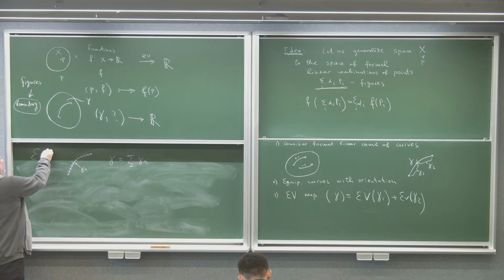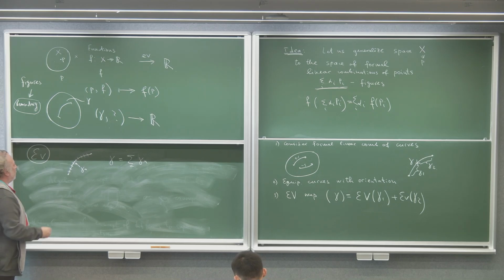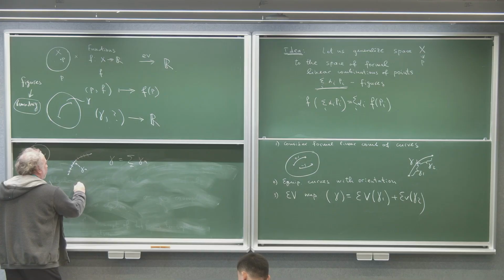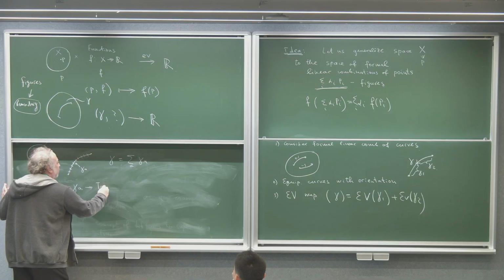So in order to construct this F, we need to know the value of this question mark in gamma A. So if you think a little bit, you would see that gamma A would be considered as tangent vector.